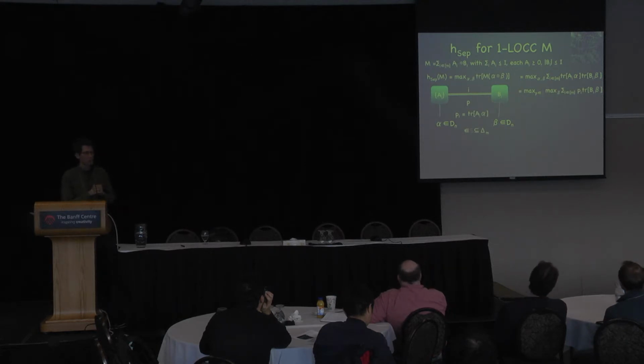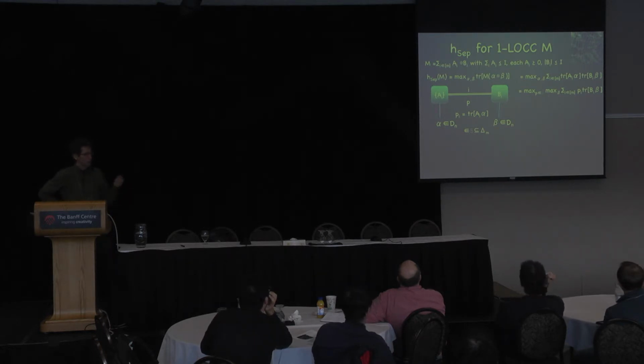And now, let's try to break this up a little bit. Let's look at the message that Alice sends to Bob. If she gets outcome A_i, she sends message i to Bob. So let P denote the probability distribution that she obtains in this way. P_i is just the trace of A_i times alpha.